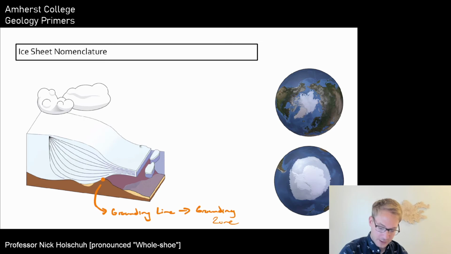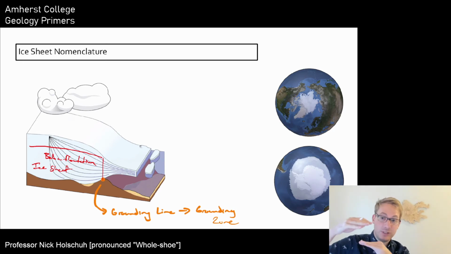Upstream of the grounding line, in this case, we have an ice sheet. This is just another word for glaciers that sit at continental scale. And as we talked about before, some of that ice sheet ice sits what we call below flotation. This is just the amount of ice we need to get that ice sheet to rest on the seafloor.